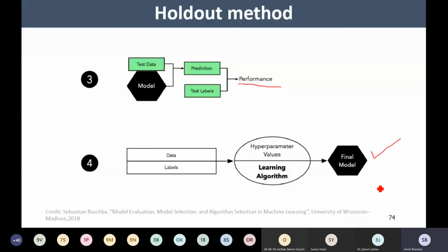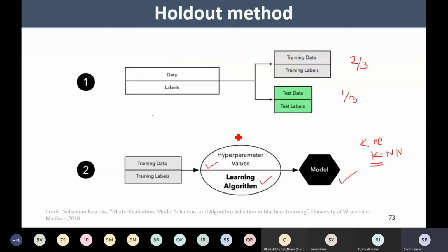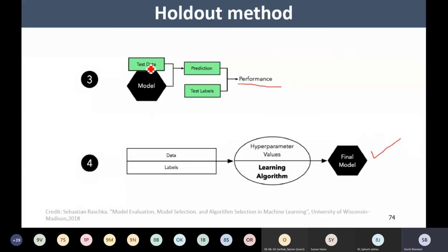So, and I'm repeating, my data was there. Here I have partitioned my data into training set and test set. The training set is used for learning and I have prepared the model. I use that model with the test data and evaluate the performance.